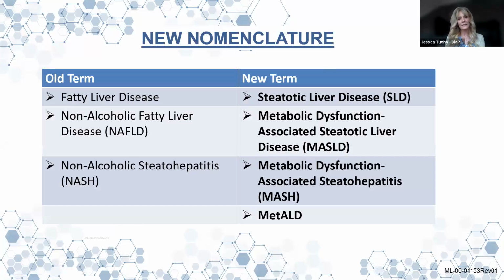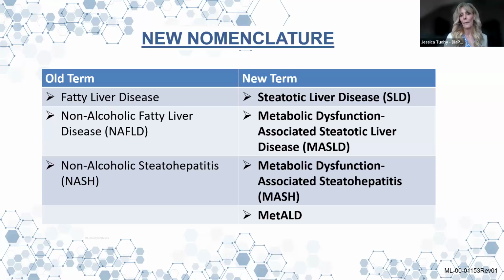All right, so first things first, I'm sure most of you are already aware, but about a year ago, the new nomenclature for steatotic liver disease was released, and it's been adopted by multinational societies, including AASLD, EASL, and ALEH. So the new term for fatty liver disease is now steatotic liver disease.